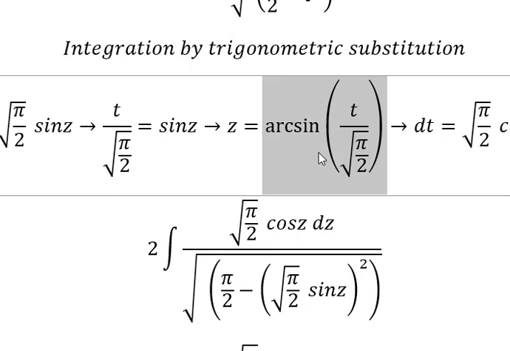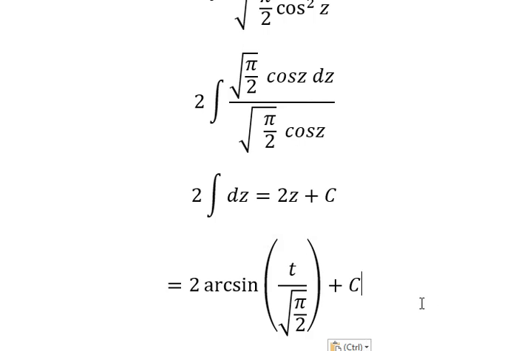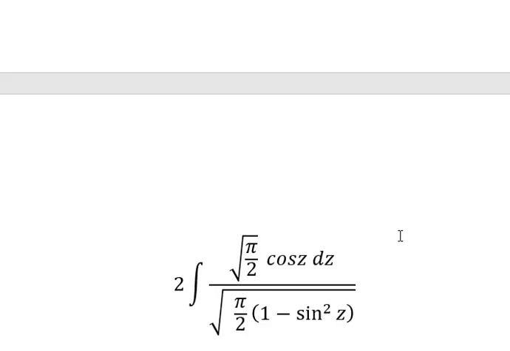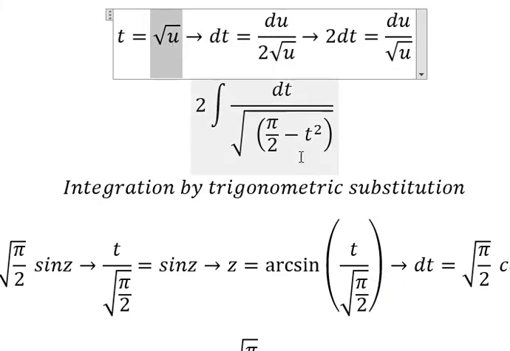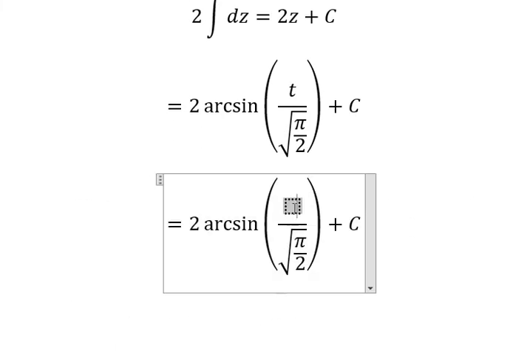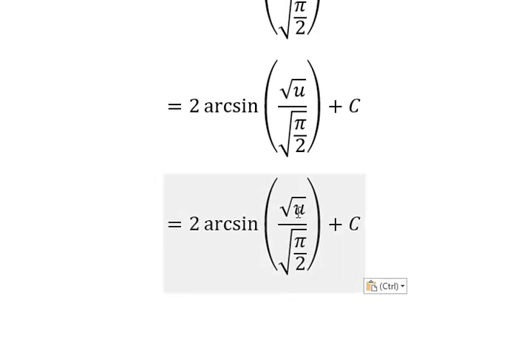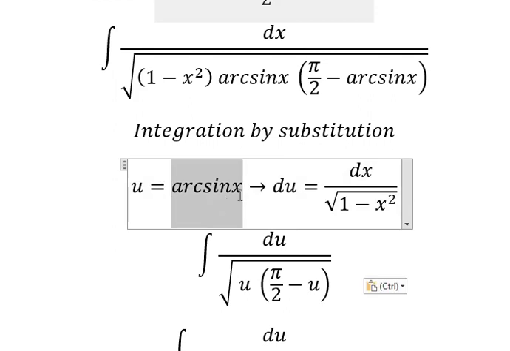So I will put this one to change for z. About t, that is the square root of u. About u, that is arcsin of x.